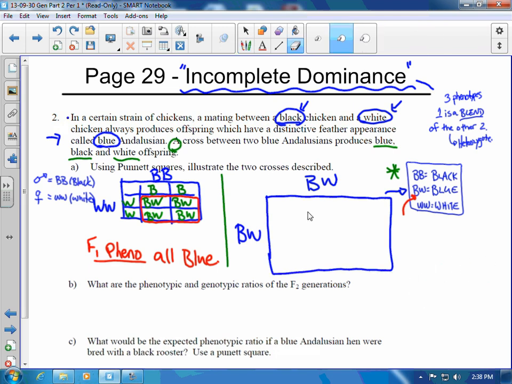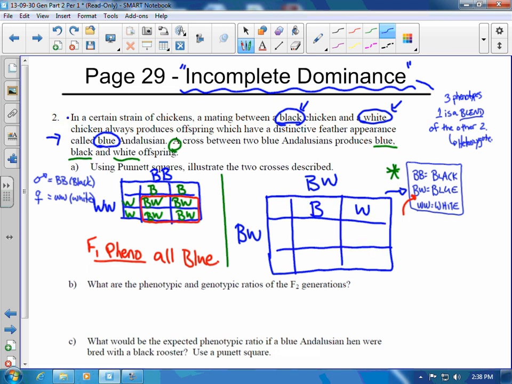Let me just erase some of that stuff out of the way so that I can show B, W, B, W separating in meiosis, and we end up with big B, big B. That appears to be, check our legend right there, some black appearing.